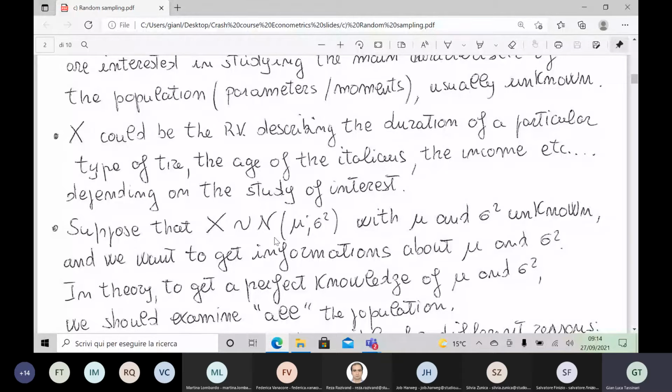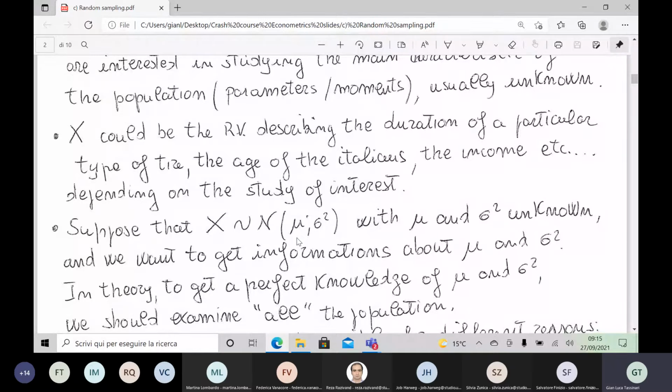That is, suppose you can measure the duration of all Pirelli tires, then mu is known, but obviously this is unfeasible, because to measure the exact duration of all Pirelli tires, you should consume all Pirelli tires. You should see their duration until the end.